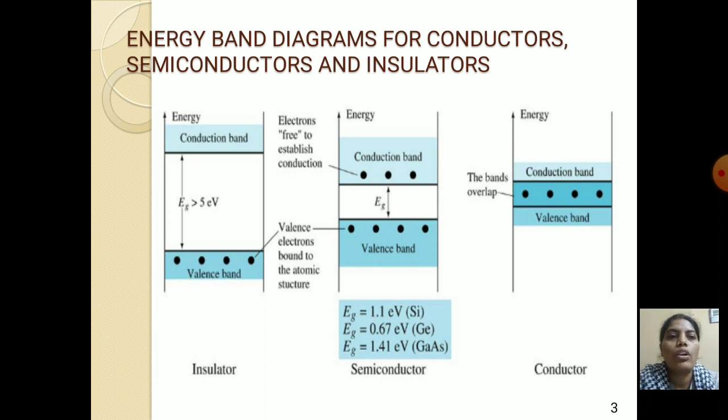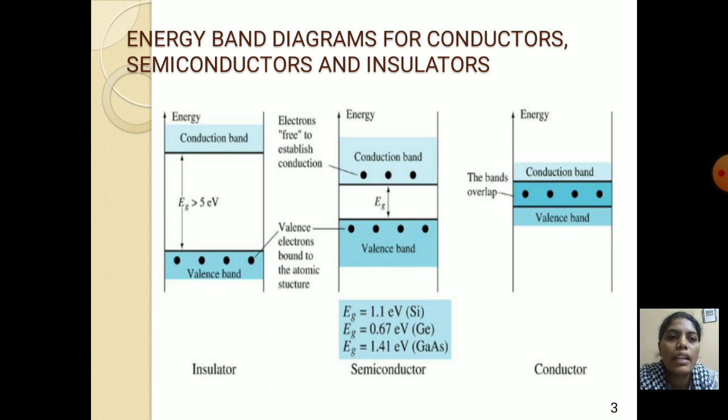So before moving on to definitions, here we can see an energy band diagram for insulator, semiconductor, and conductor. In all the three diagrams, for insulator we can see valence band and conduction band. There is a forbidden gap which is greater than 5 electron volt.